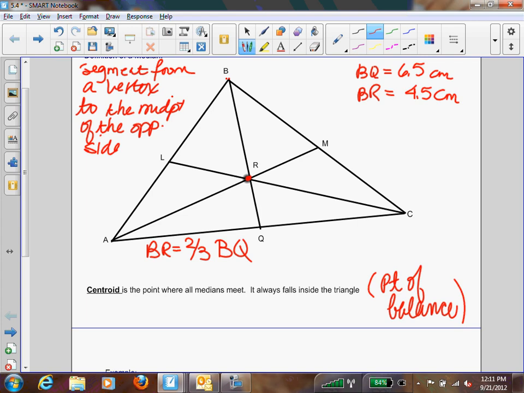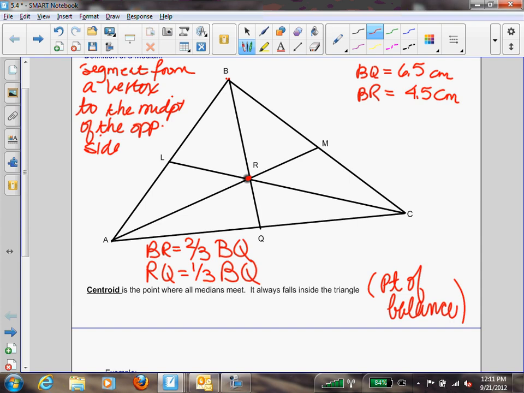It might have come out better on the little paper triangle. And RQ is 1/3 of segment BQ.